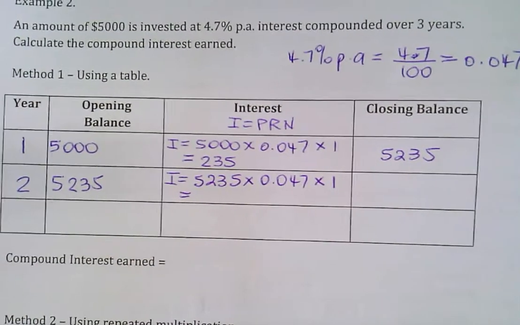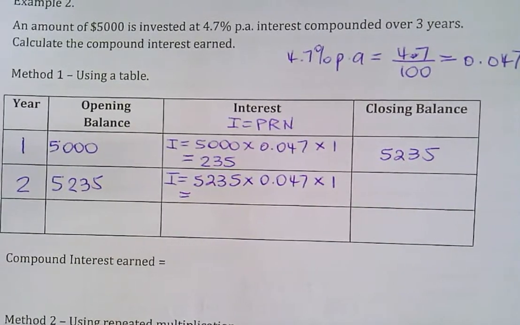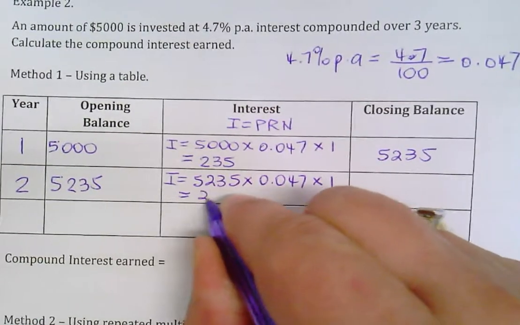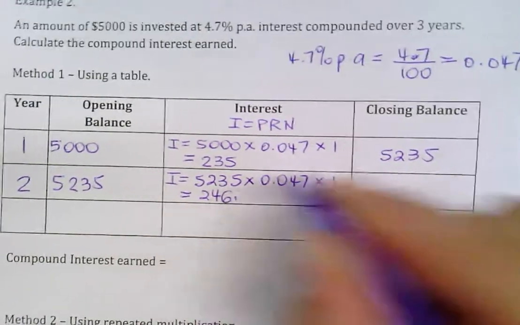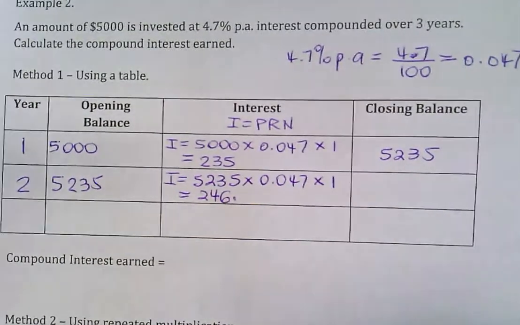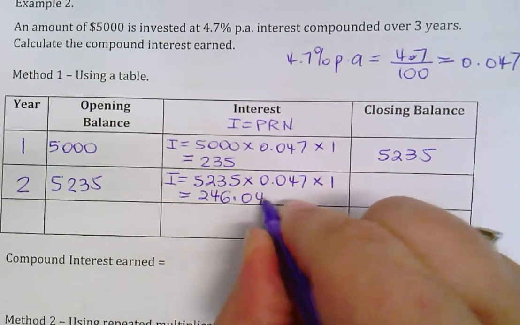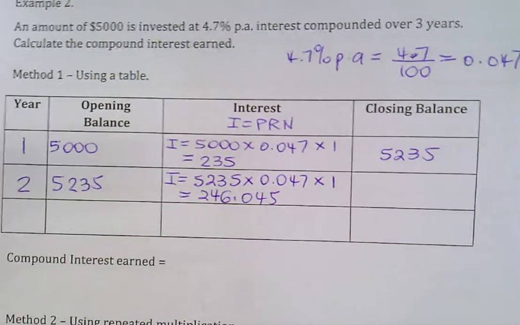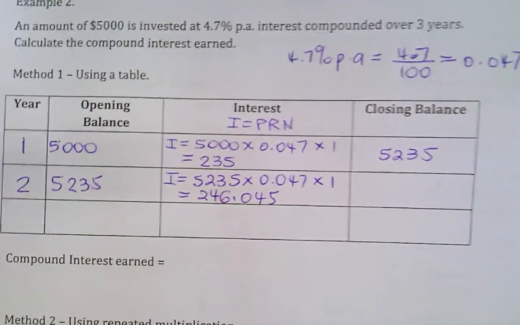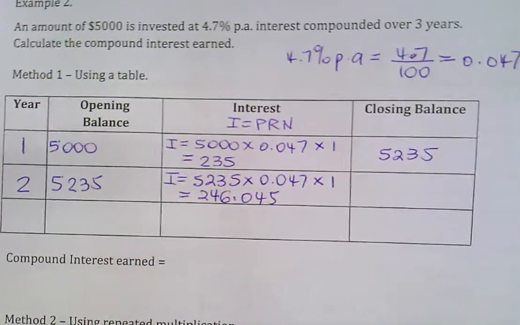Notice it's more than 235, so we get $246.045. I don't want to round this off, even though in a bank they would.